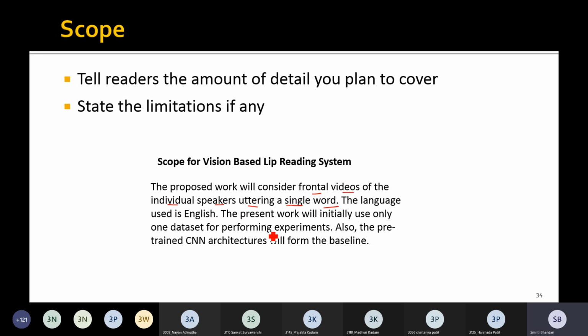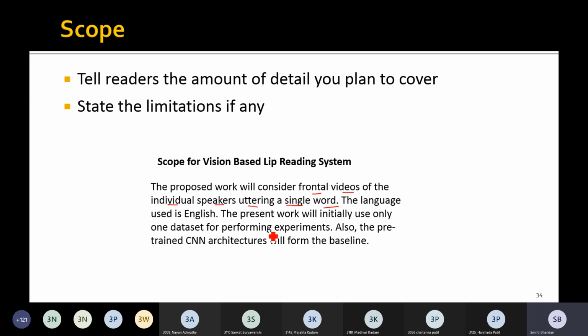So what are we going to do in this project? In fact, what is expected? Ideally, whatever the video may be, whoever the person speaking, we are supposed to understand the lip movements and come up with the speech.